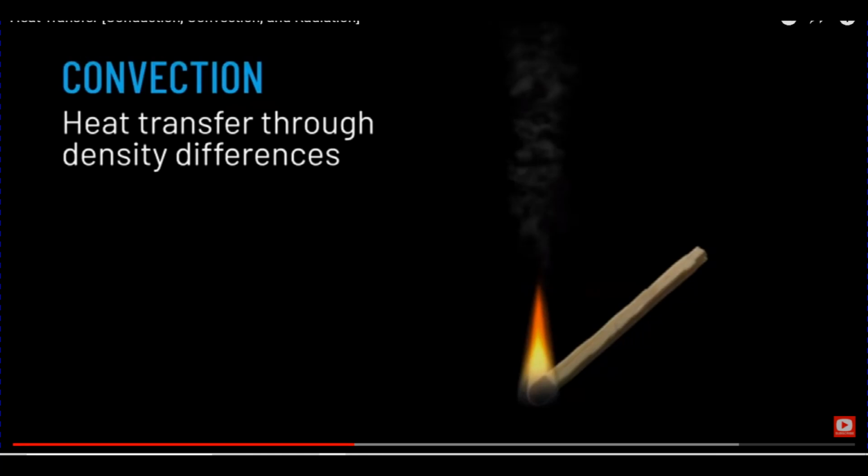So when smoke rises, that means the air also rises. So the problem is why the air will rise up. It's because when those air molecules get heated up, they move faster.